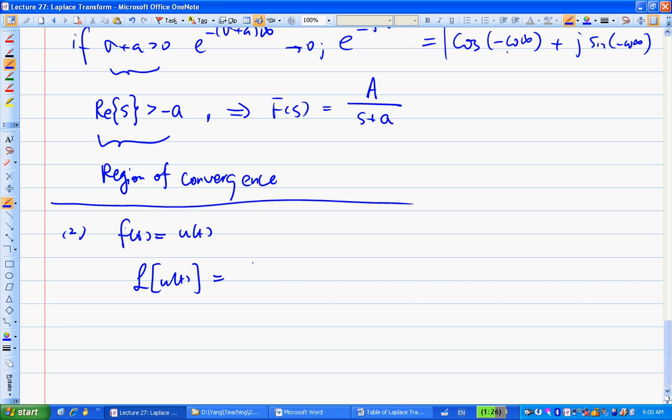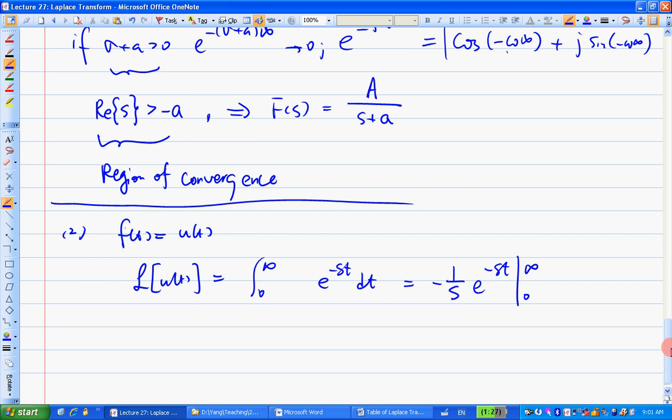According to the definition, it's the integral from 0 to infinity of u of t times e to the power negative st dt. Because u of t here is 1, this factor is gone. So this is basically just an integral of an exponential function, and you consider s as a constant. That gives you -1 over s times e to the power of negative st, from 0 to infinity.